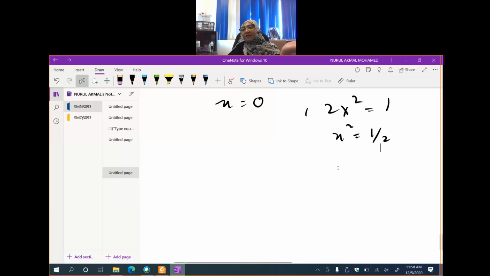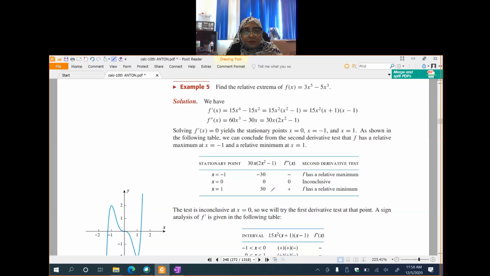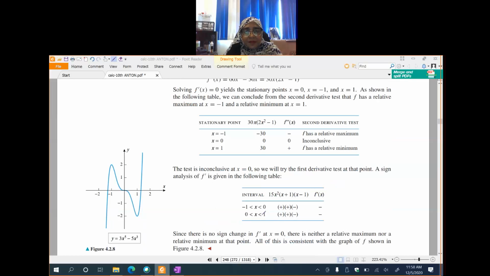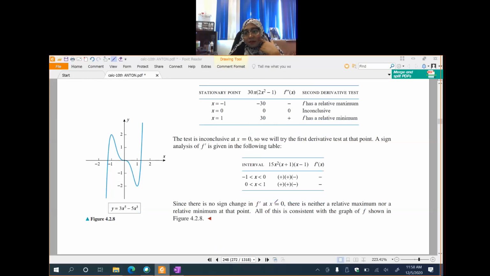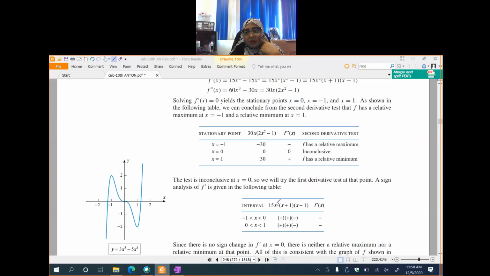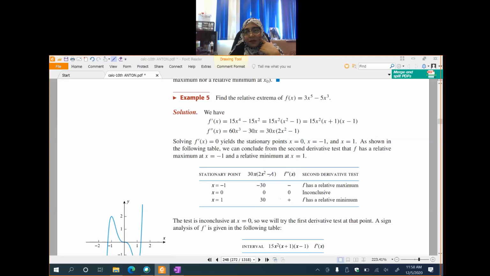It means your x will be plus minus square root of 1/2. Wait, I try to read this one.